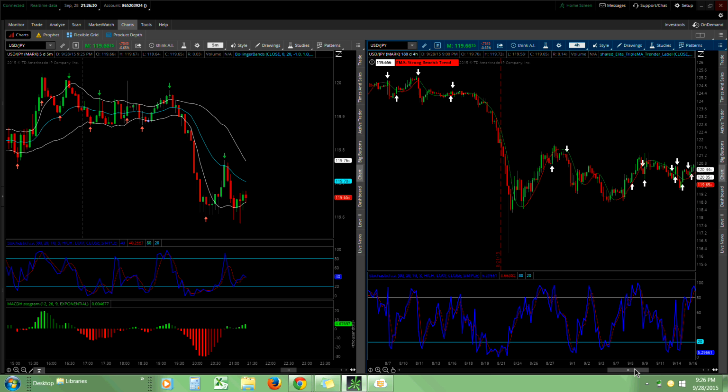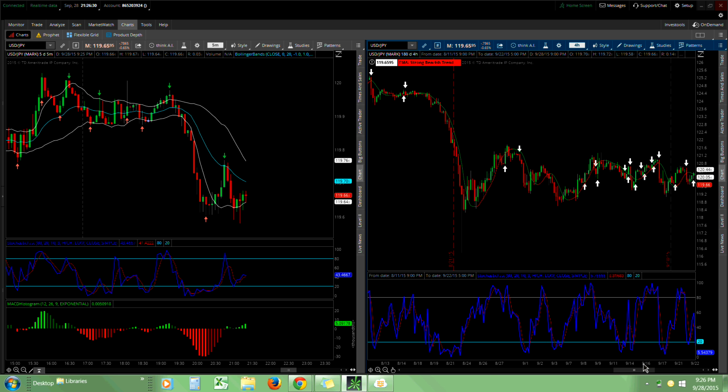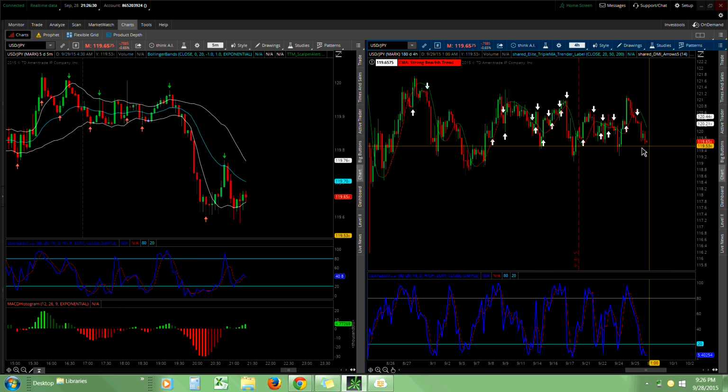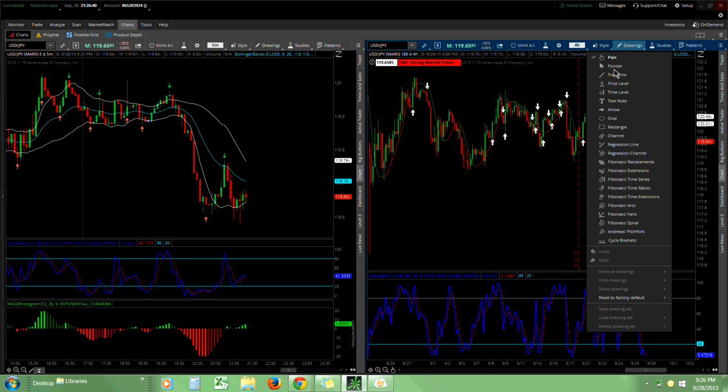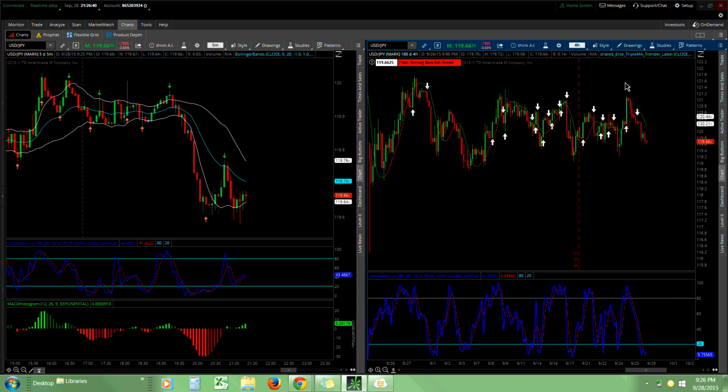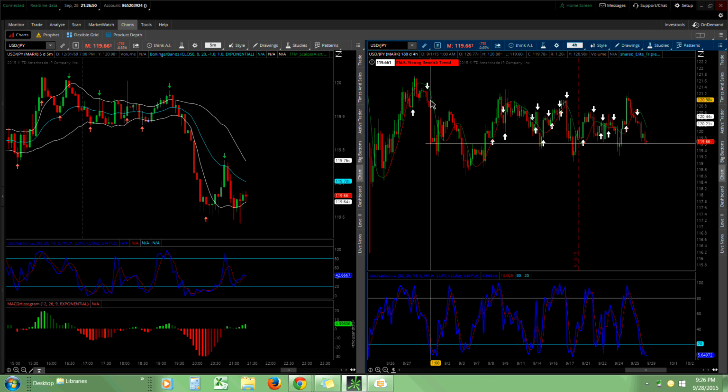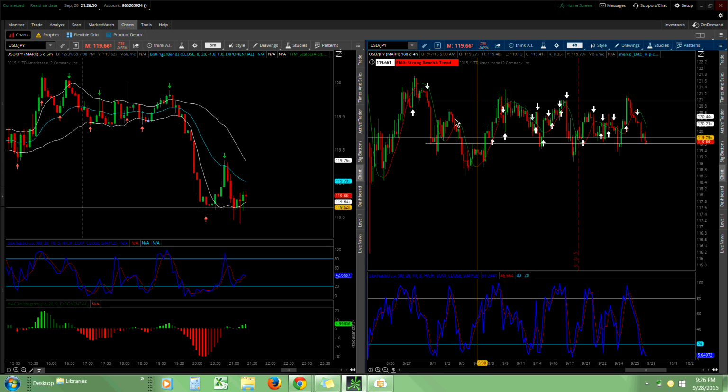I always like to look at the 4 hour chart when I'm trading forex. When I'm practicing forex or whatever it may be, I always look at the 4 hour chart. We'll use resistance lines and see what happens on the 4 hour, and get a little gauge of what's going on.